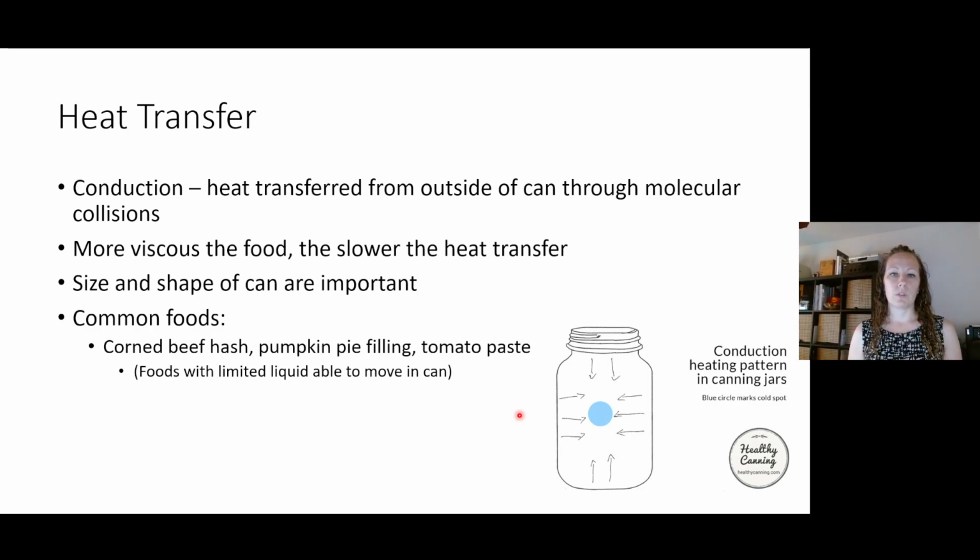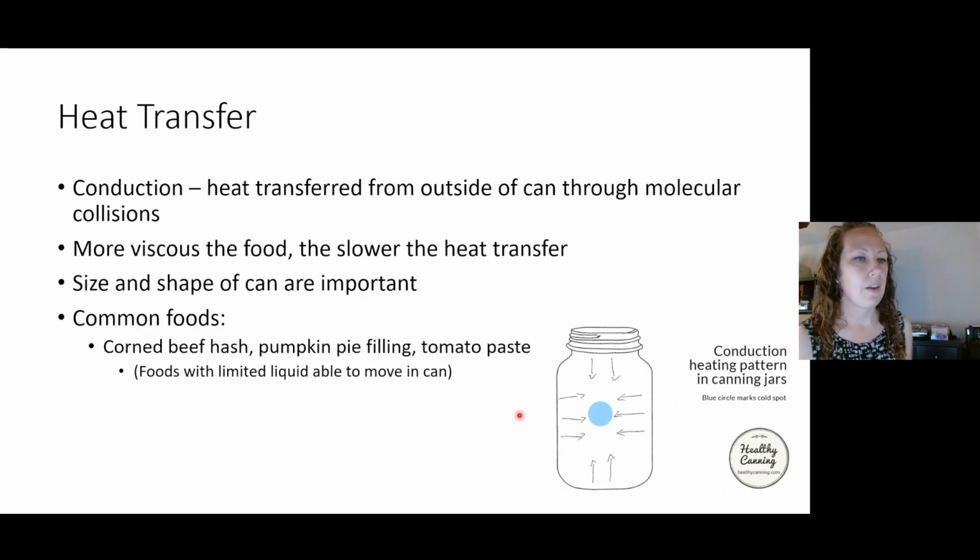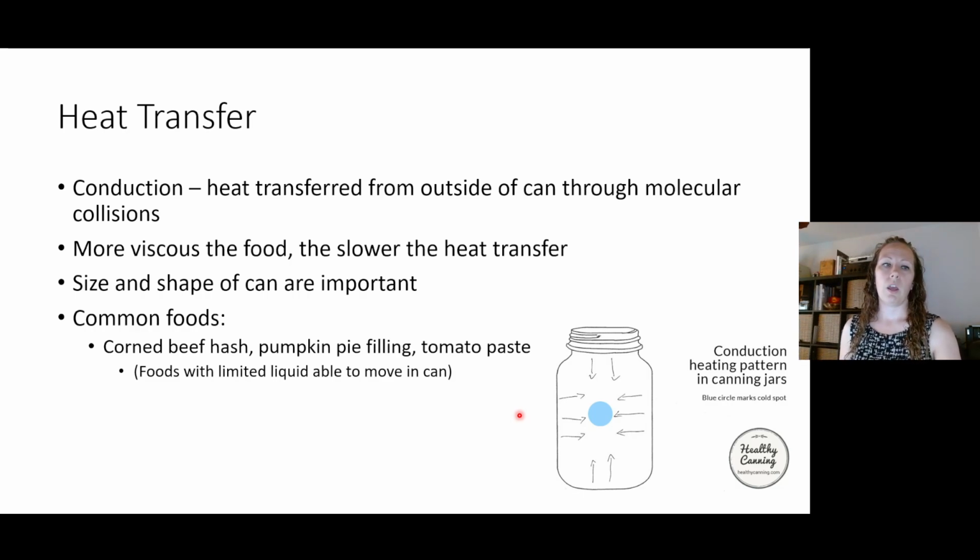The common foods that use purely conduction or mostly conduction for their heat transfer when they're canned would be corned beef hash, pumpkin pie filling, tomato paste. These are things that have a limited amount of liquid that is able to move in the can, and they're just denser products, and so the conduction is the only way that the heat will transfer through the can.